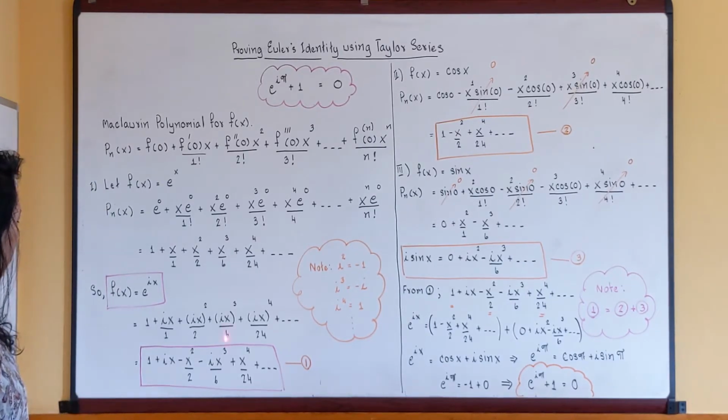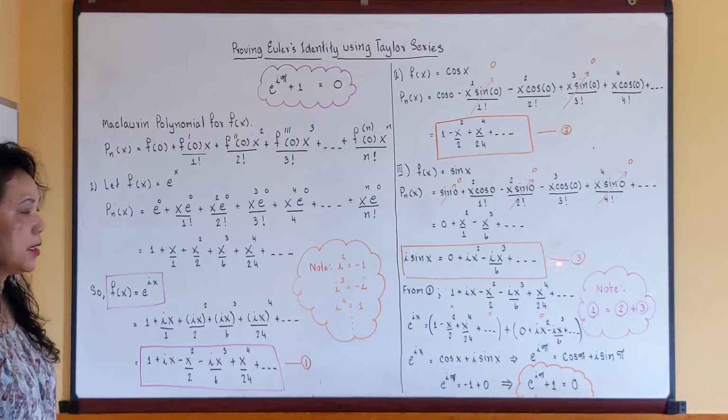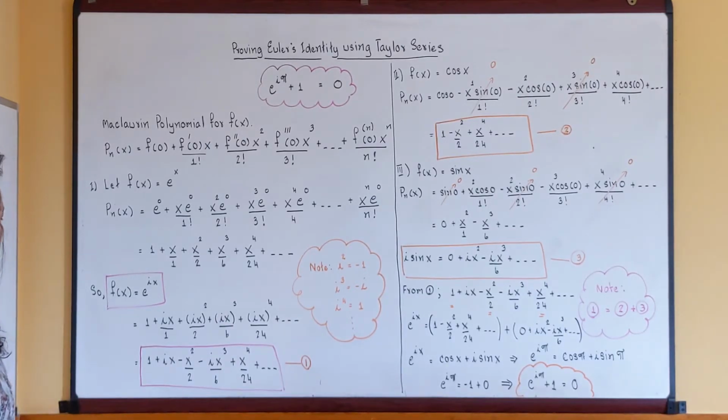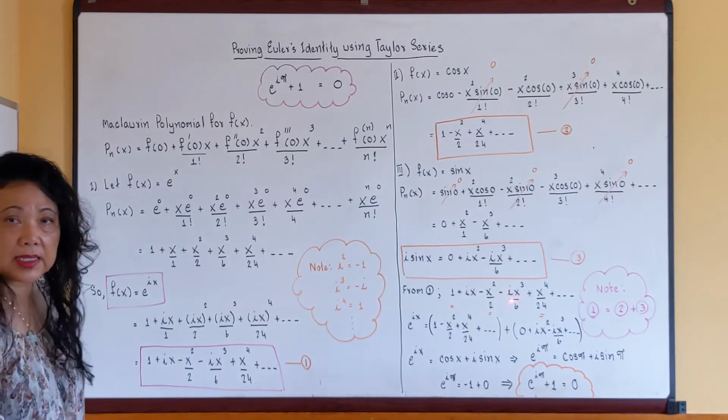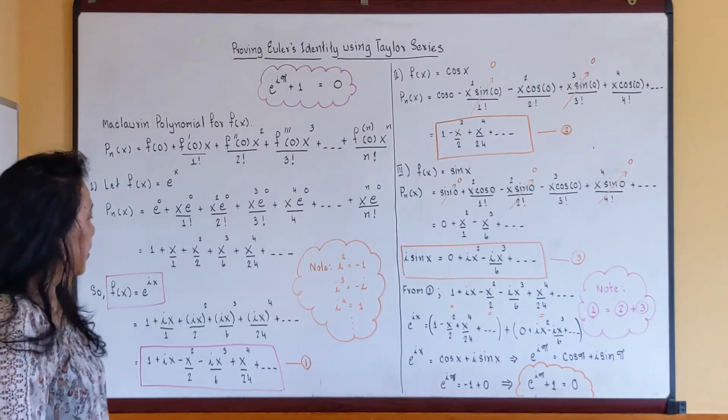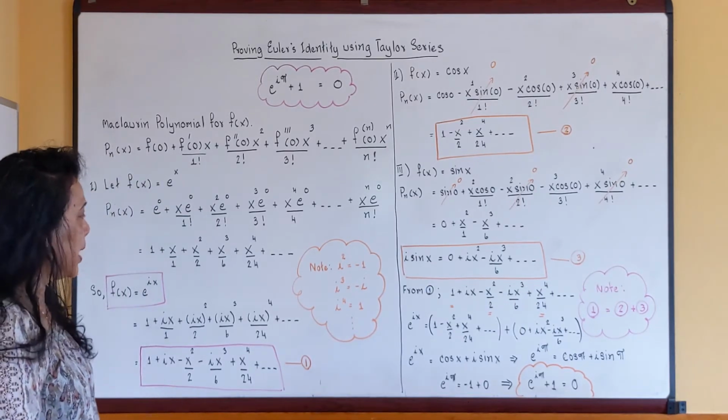Now I have the first, the second, and the third. Remember my first equation right here; I'm rewriting it over here. This one is equal to e raised to the ix. Now I group them differently.